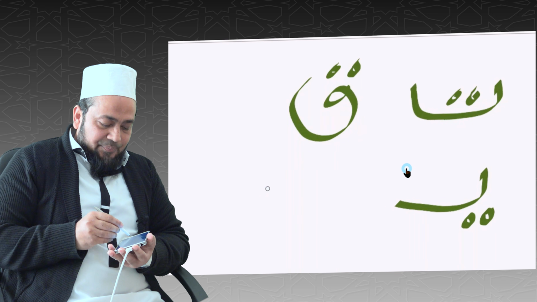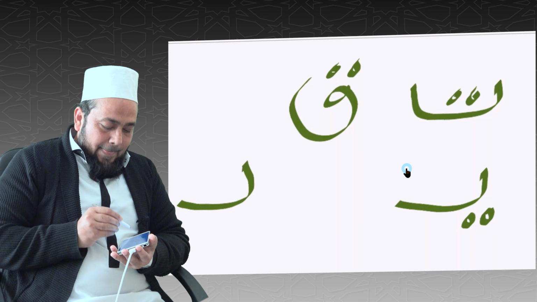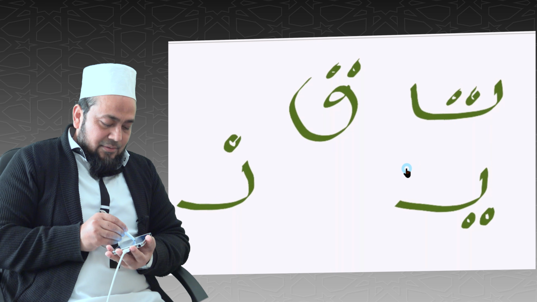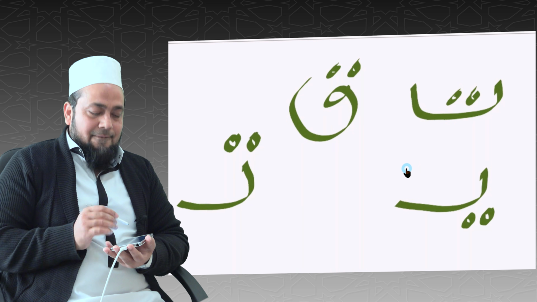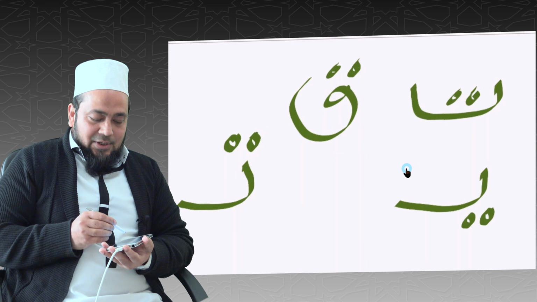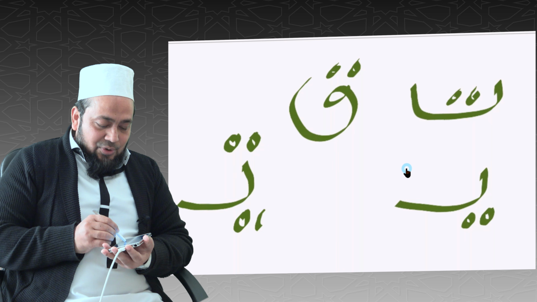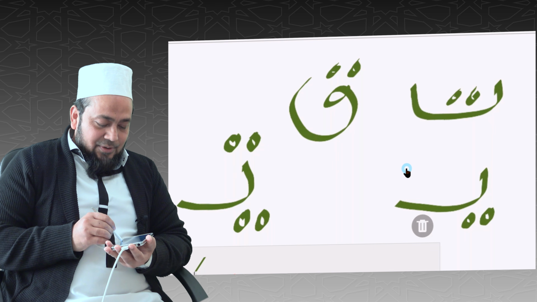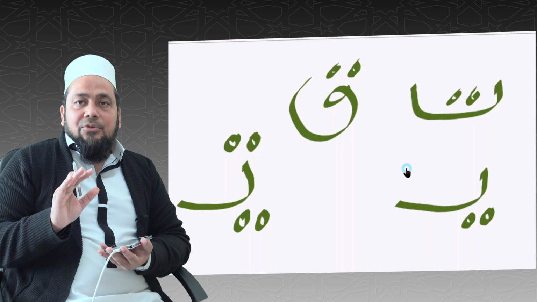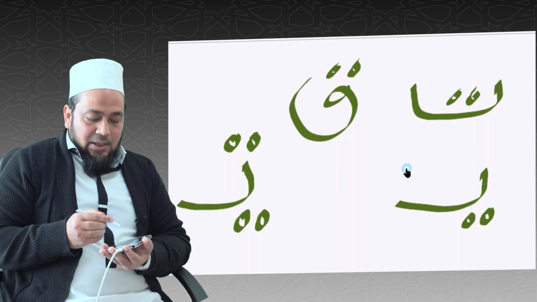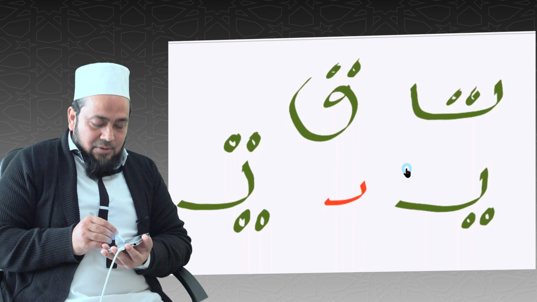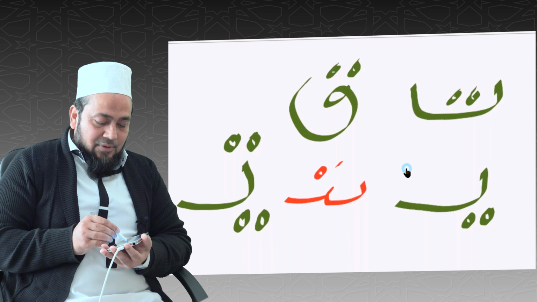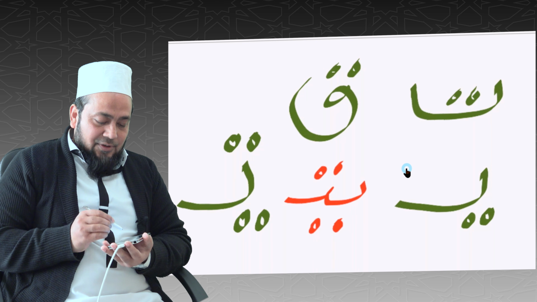Let me show you how. This is Ta. When we add two dots on the bottom is for Ya. So exactly same, beginning and middle of the word shape is exactly same.